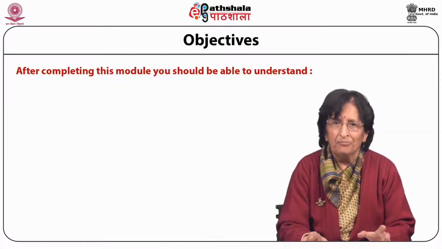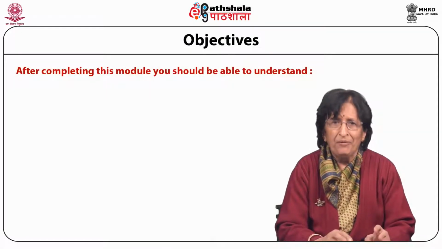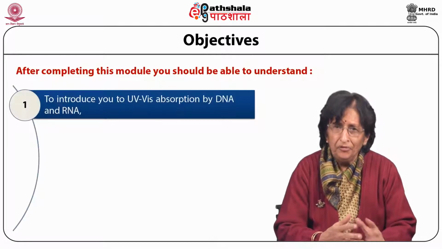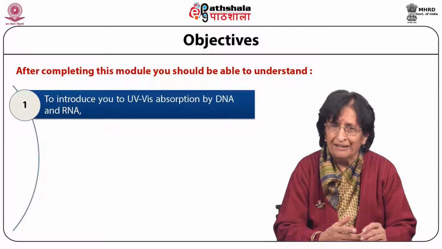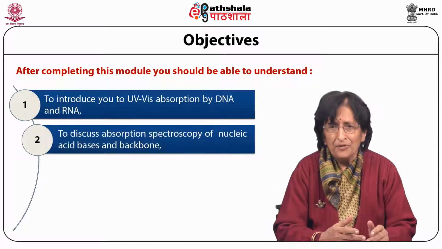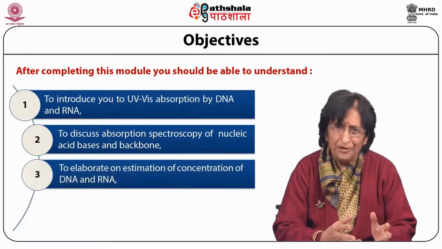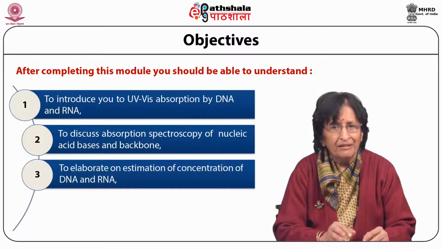After completing this module, you should be able to understand and introduce yourself to UV-Vis absorption by DNA and RNA. You should be able to discuss absorption spectroscopy of nucleic acid bases, nucleic acid backbone, elaborate on estimation of concentration of DNA and RNA.